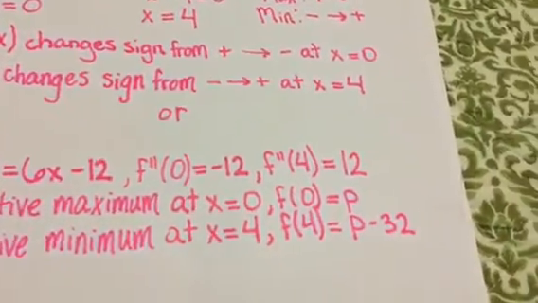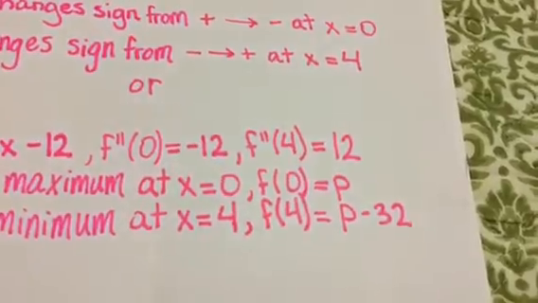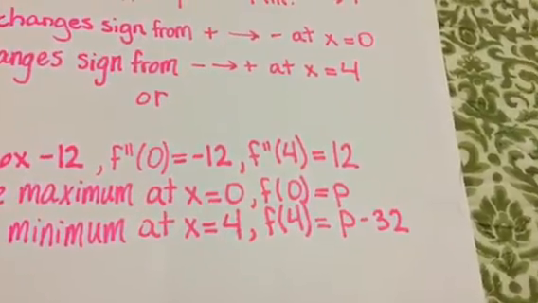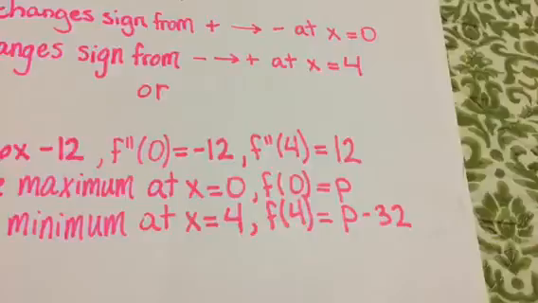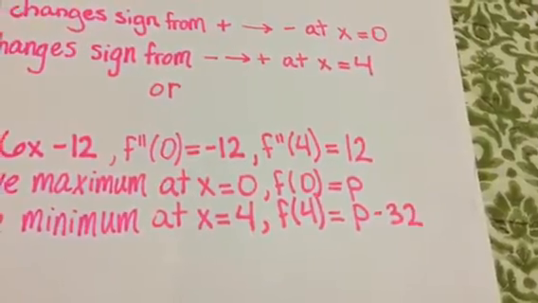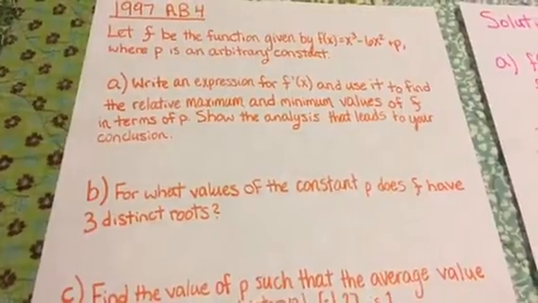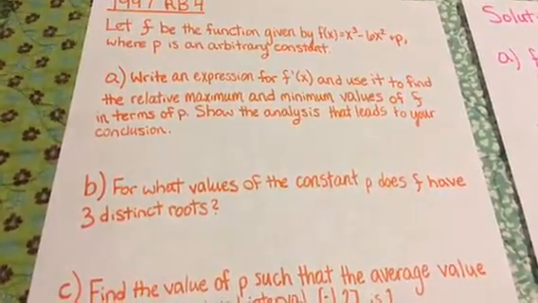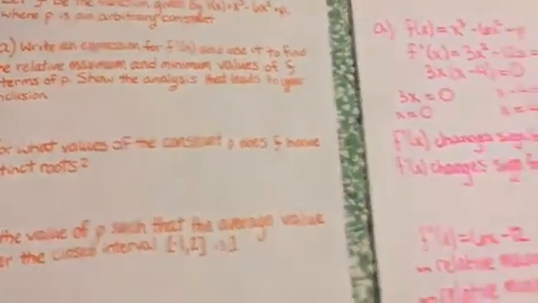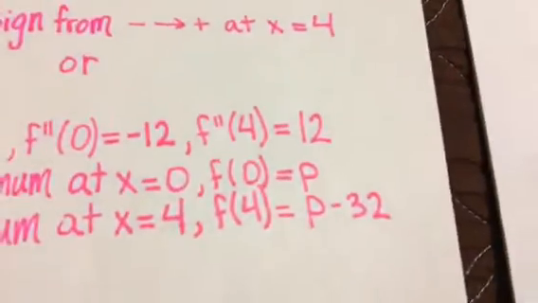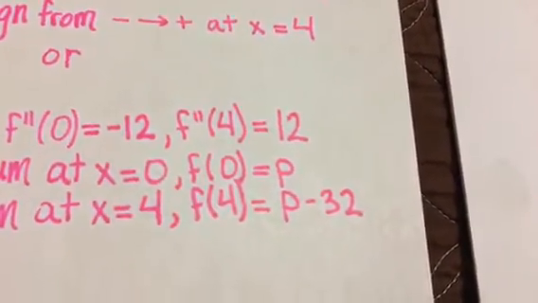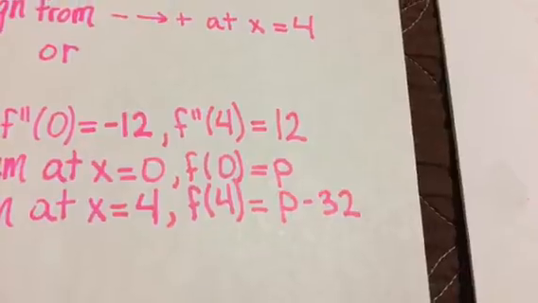So we will plug in 0 and 4 into our original f equation, which means f of 0 is p, and f of 4 is p minus 32. The second part of our problem says, b, for what values of the constant p does f have 3 distinct roots? Well, in part A that we just finished, we found that f of 0 equals p, and f of 4 equals p minus 32.